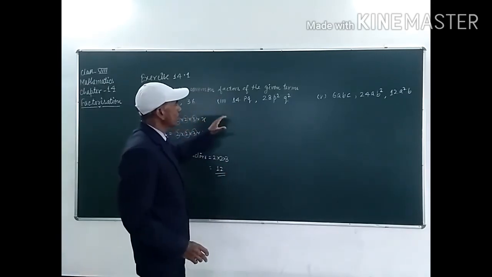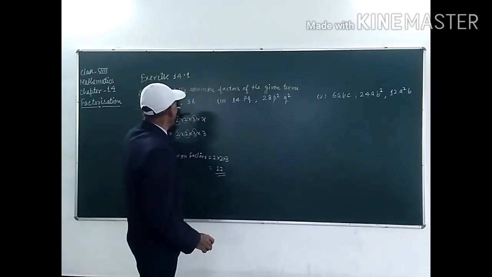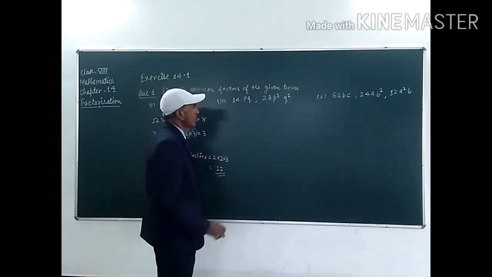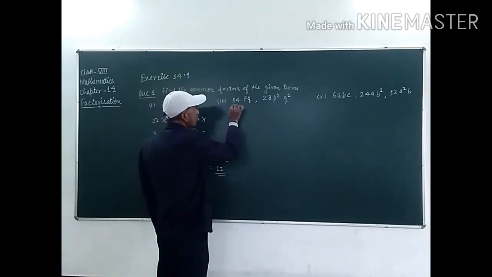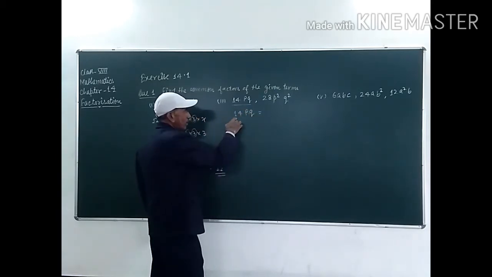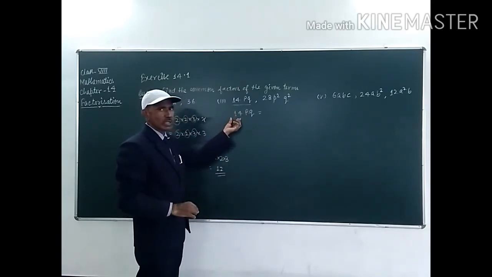Now we will solve the third part of this question, students, and in this we have to find the common factors. The first term is 14pq, students. Now find the factors of 14pq. First of all we have to find the prime factors of 14, students.